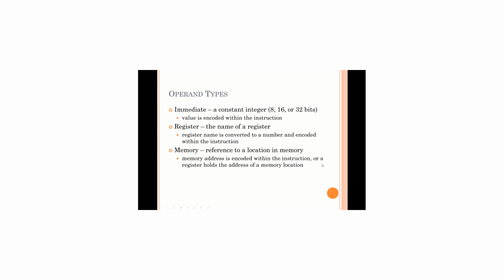We haven't seen the second scenario yet, but just keep in mind, there are three types of operands: immediate value, or a register, or a memory location.